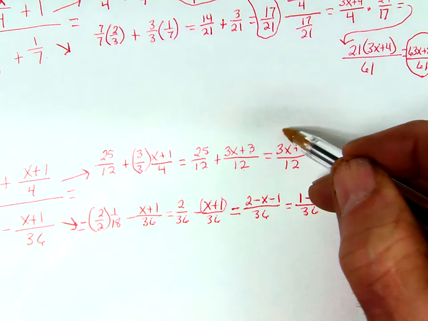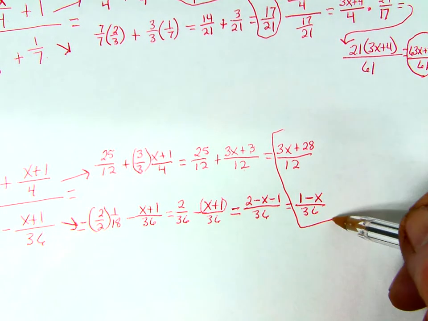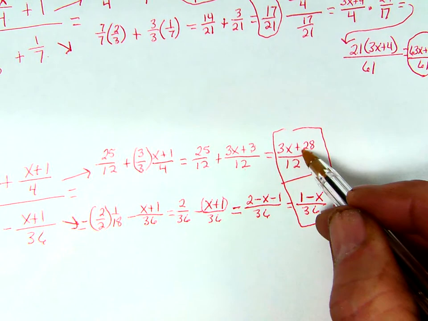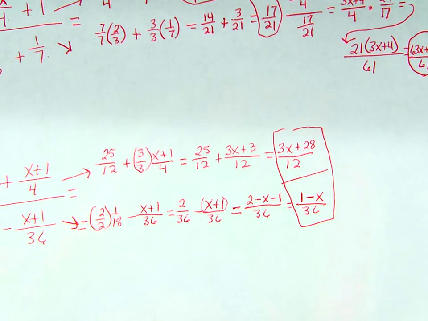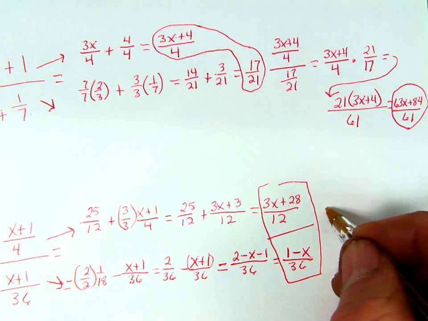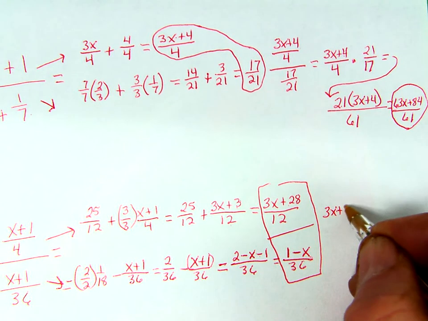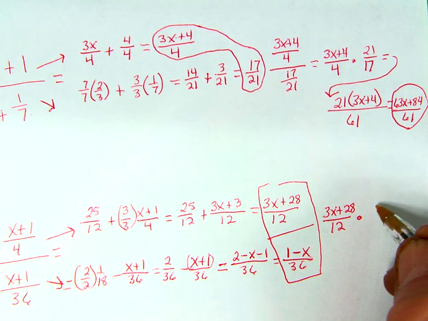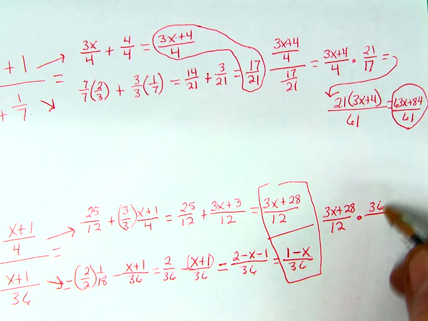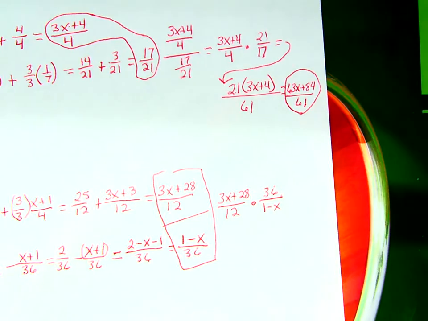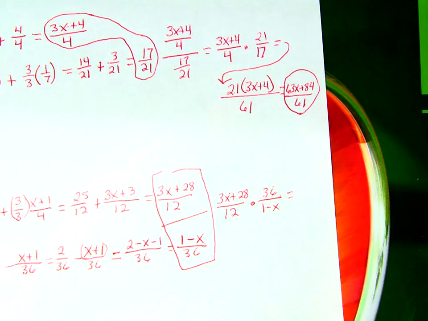So here's our two fractions that we're going to work with. This divided by this. Flip this one upside down and multiply. 3x plus 28 over 12 times, flip this one upside down, 36 over 1 minus x equals.